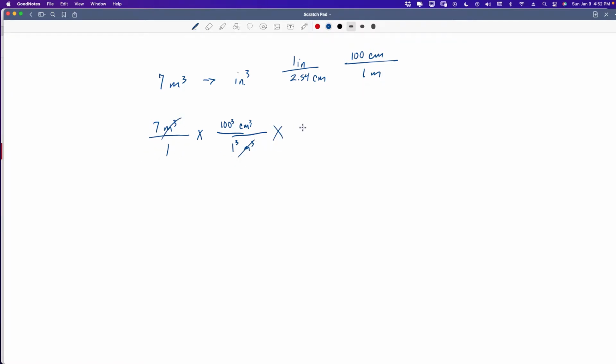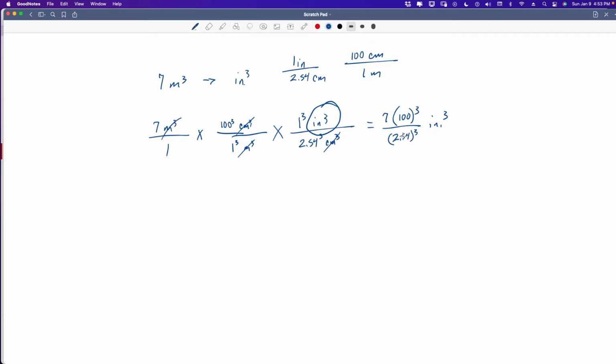And then we could put in 1 cubed inch cubed is equal to 2.54 cubed centimeters cubed. That would allow us to cancel out the cubic centimeters. And we ended up having 7 times 100 cubed over 2.54 cubed inches cubed, because that was our final unit of measure, right?